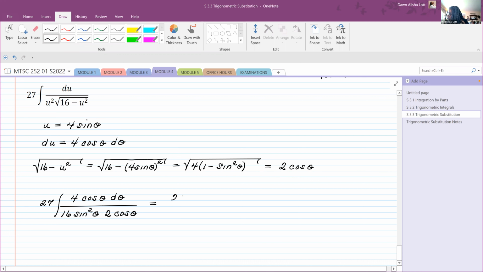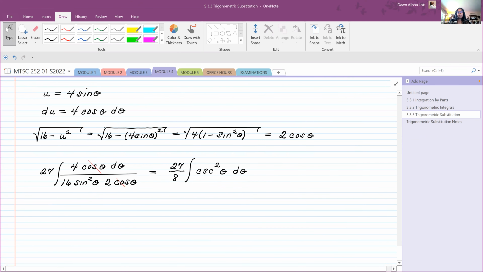So this gives me 27, and then I'm going to divide out. I have 4 over 32, so that's going to give me an 8. The cosines are going to divide out, and then over sine squared is cosecant squared, d theta. All right, any questions so far?